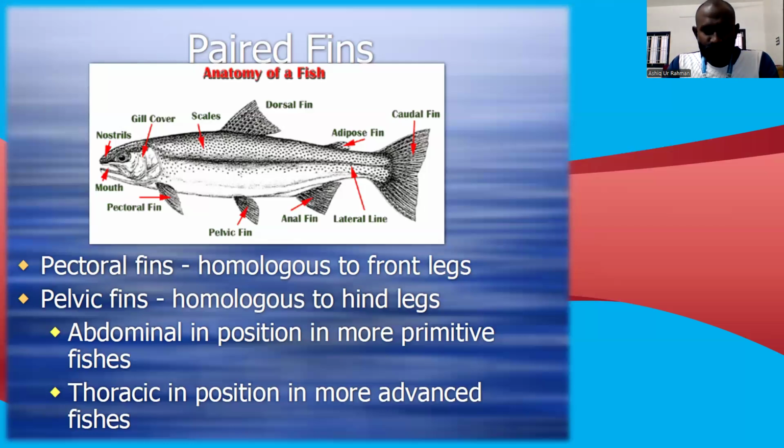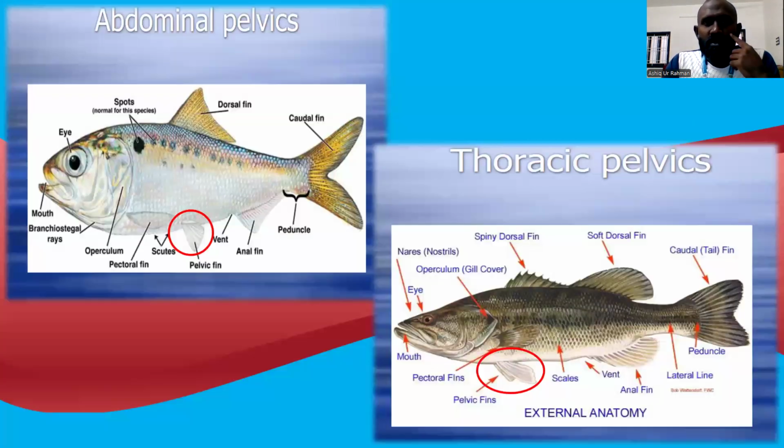Then the position of pelvic fins varies from species to species. We can see in these two fishes, the position of pelvic fins vary. In the first fish, it is in the abdominal region. Abdomen, what is an abdomen? It's a belly, right? In the belly region.